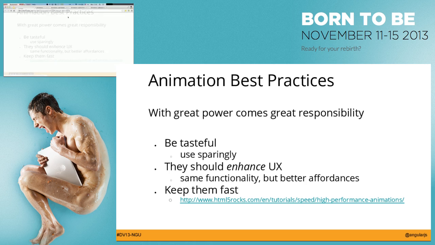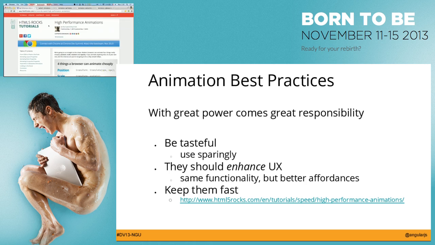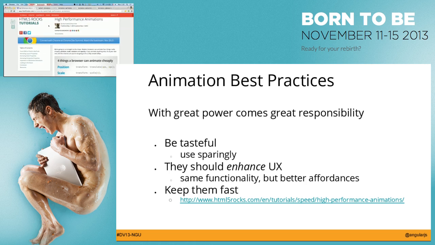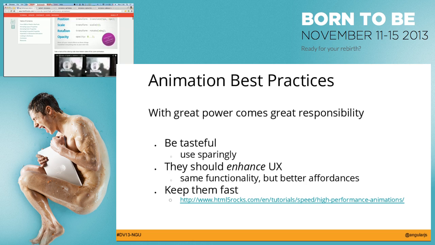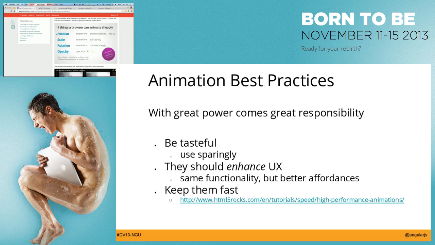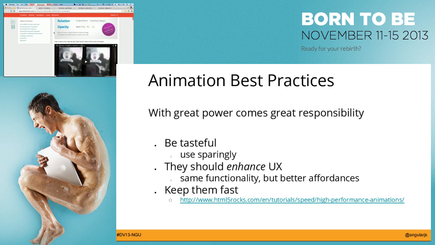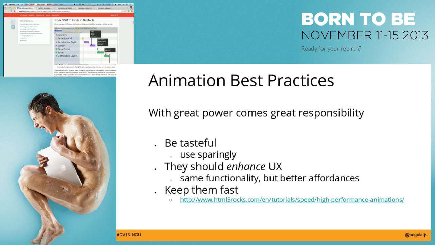There's lots of good advice from our friends on the Chrome DevRel team. They have lots of videos on jank busting and finding slow areas in your apps, and they have a great article on html5rocks.com about these different things. So basically, you want to know which things browsers can animate cheaply. Typically, these are things that are easy to implement hardware acceleration for. You should really try your best to use the tools that you have.